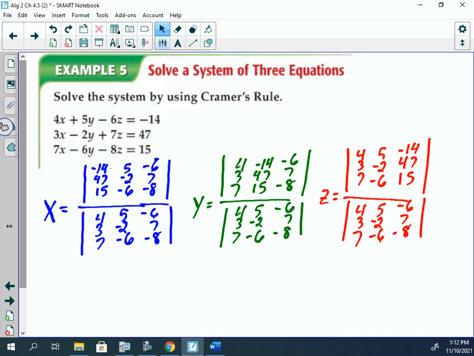So how many different matrices will we need? It would be 4, because we have 6 total, but the 3 denominators are the exact same, so we don't need it 3 times, we just need it once. So we can define A as -14, 47, and 15, -6.